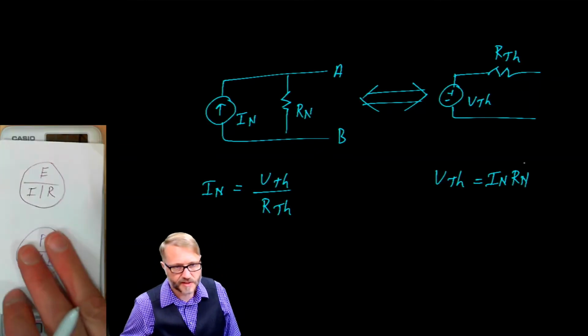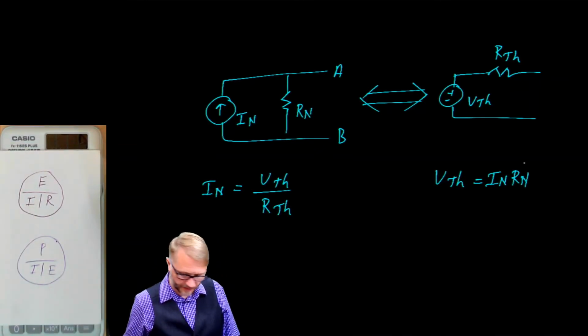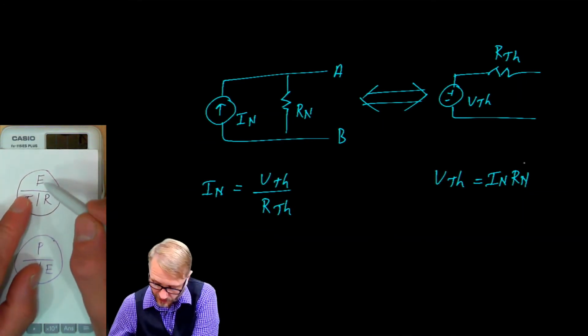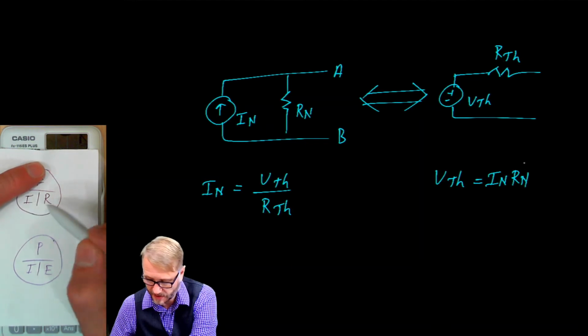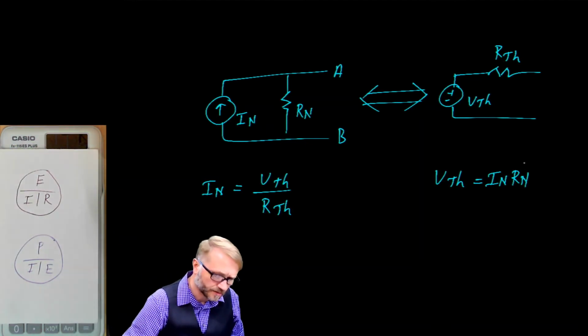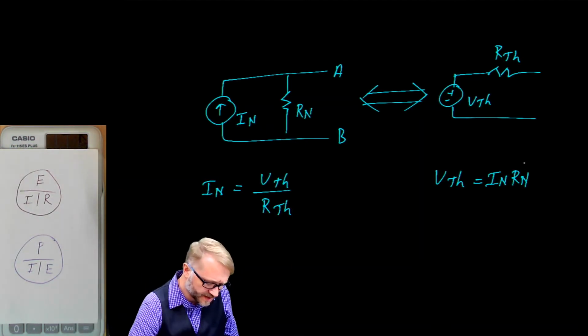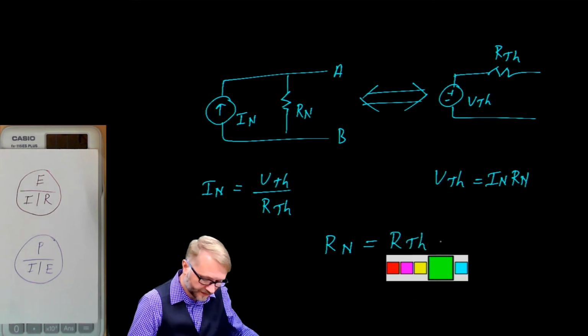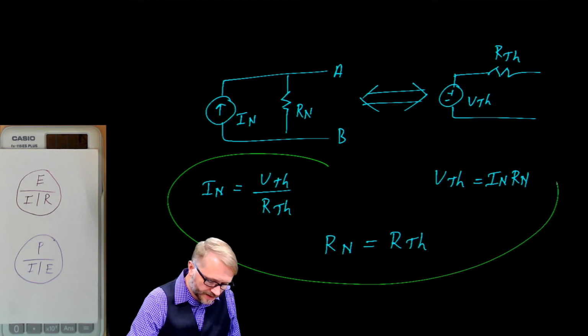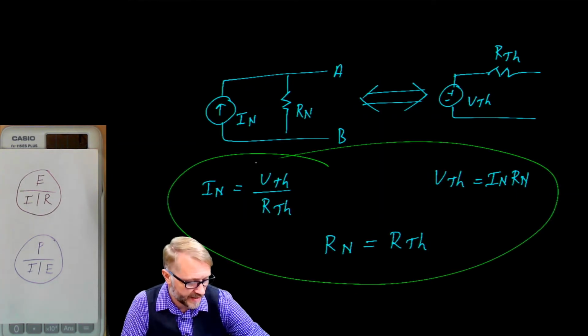And both of those look an awful lot like Ohm's law, don't they? So a current is a voltage divided by a resistance, and on the other side, a voltage is a current times a resistance. So at least there's some consistency there. The other thing you need to know is that the Norton resistance is equal to the Thevenin resistance. Definitely put those on your note card. You're going to use them many times.